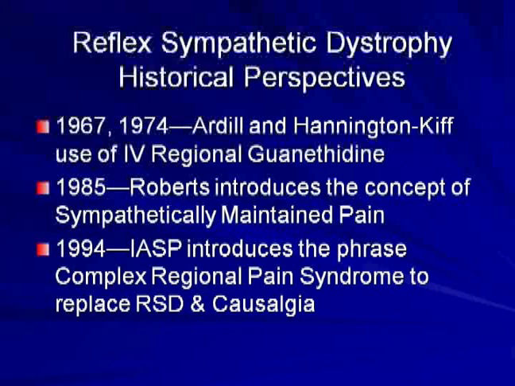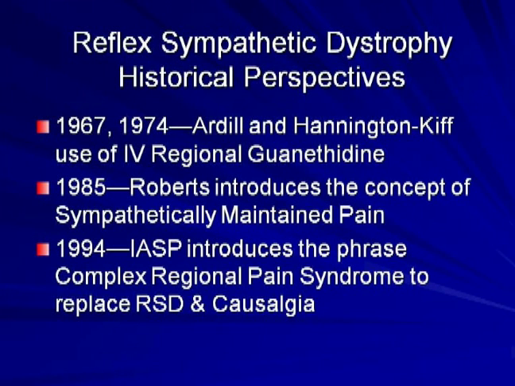So in 1994, the International Association for the Study of Pain convened a series of meetings to discuss reflex sympathetic dystrophy, its terminology, and what was known about it, and appropriate treatment.